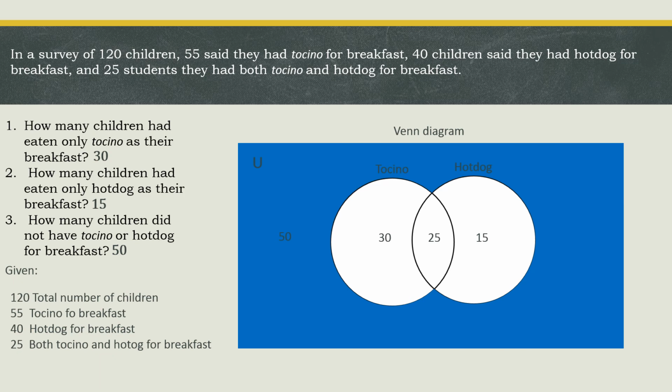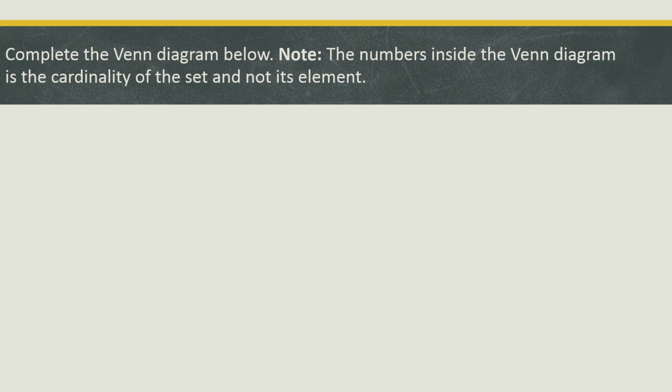Okay? So, there are things na imong hinumduman. Pila ang total and pila ang kada cardinality or pila ka book number ang kada naa sa imong set. So, to further go beyond pang atong understanding, let's have this. Complete the Venn diagram below.